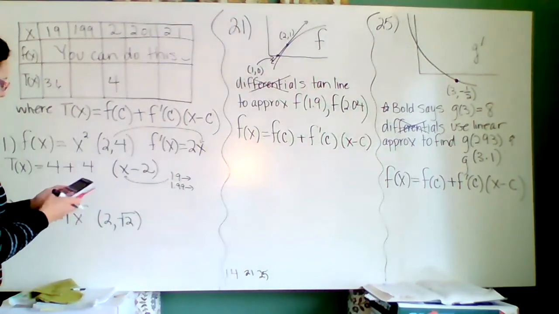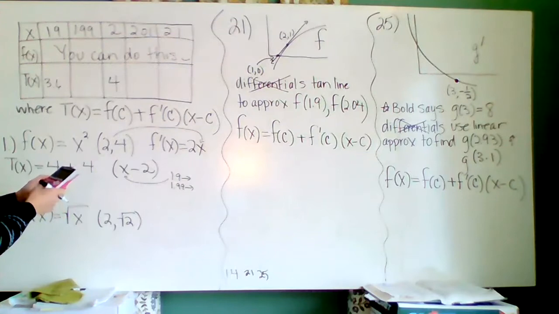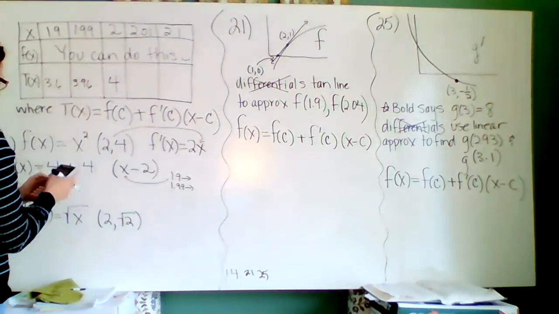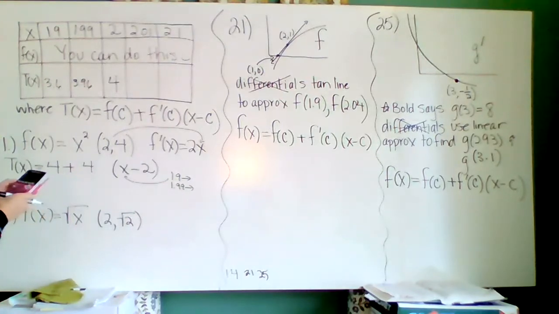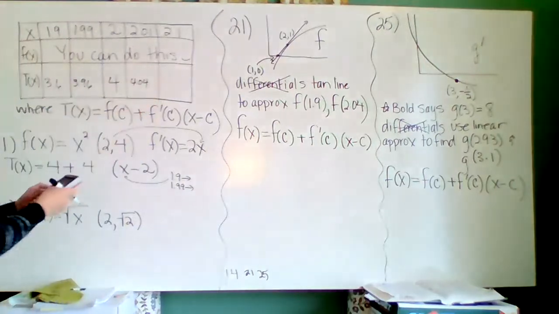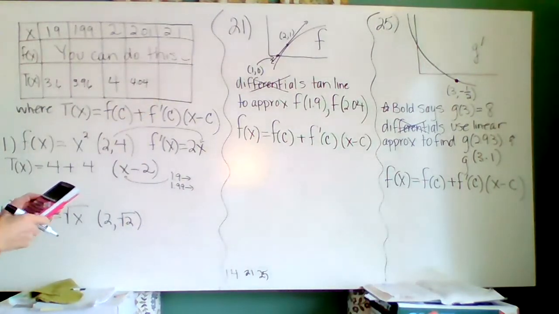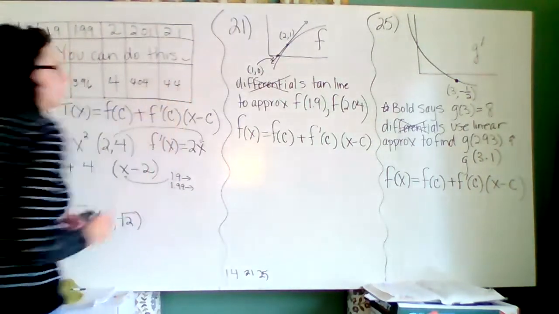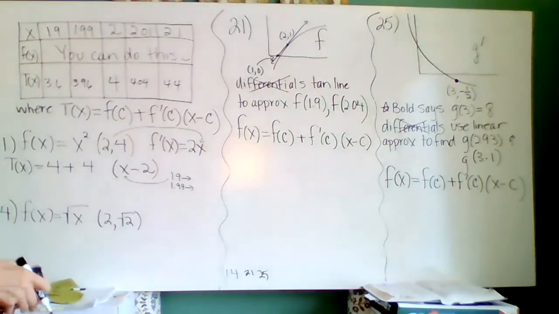I'm going to do calc again, value, and put in 1.99, 3.96, 2.01, 4.04, 2.1. Isn't that nice and quick? There we go, 4.4. Okay, any questions on filling that bottom row out?